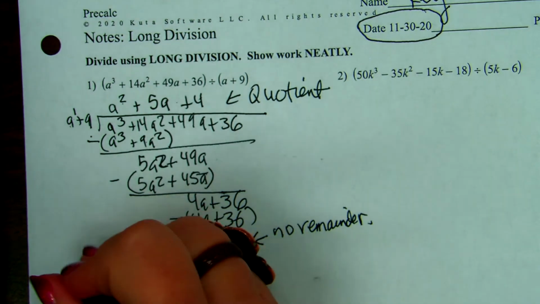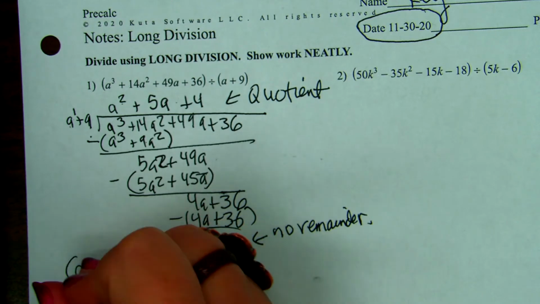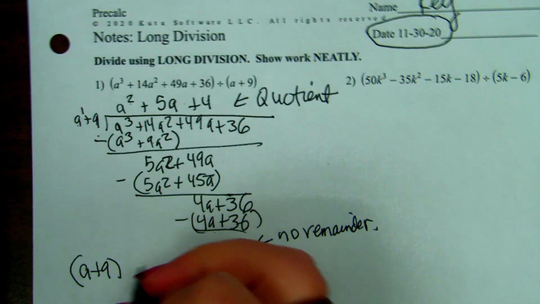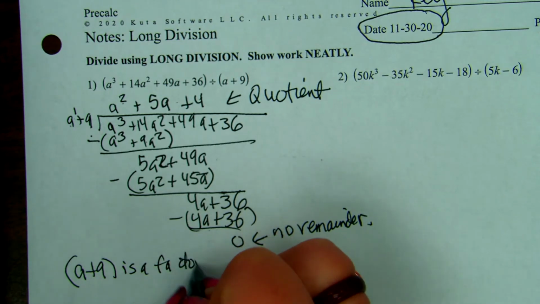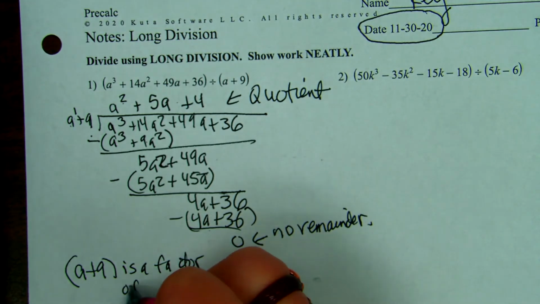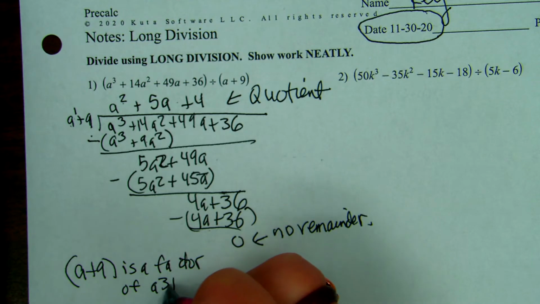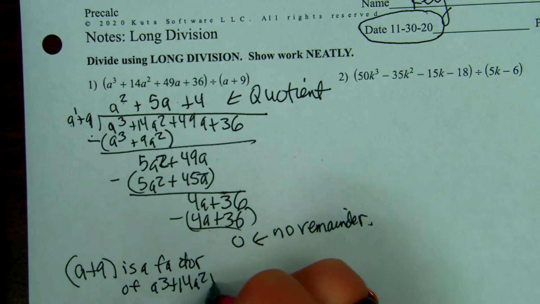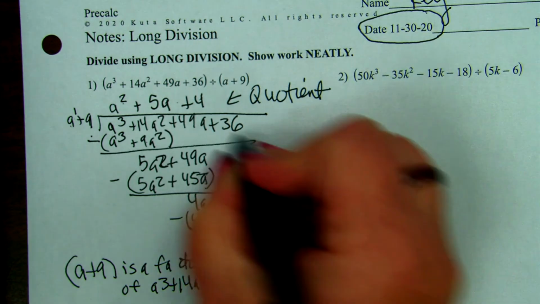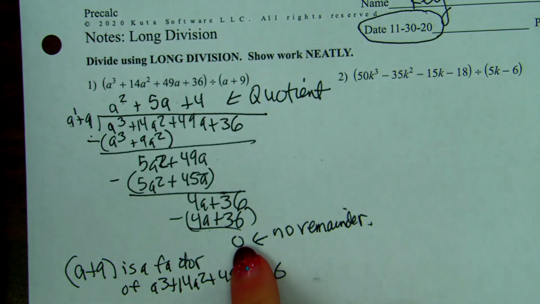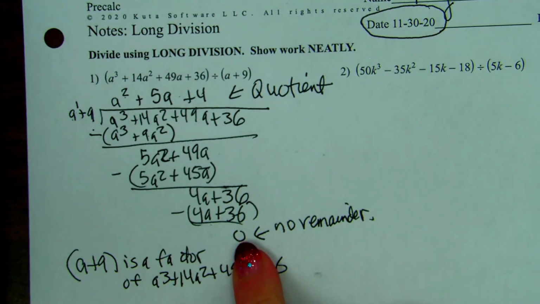That means that a plus 9 that we just divided in is a factor, because it goes in evenly, of a cubed plus 14a squared plus 49a plus 36, the dividend, because it goes in evenly and there's no remainder. It's a factor of that.